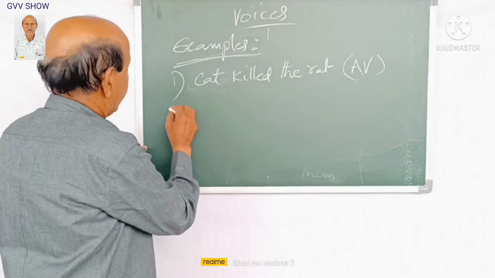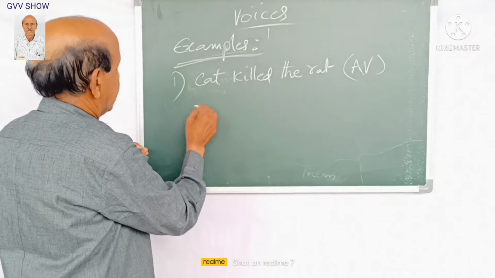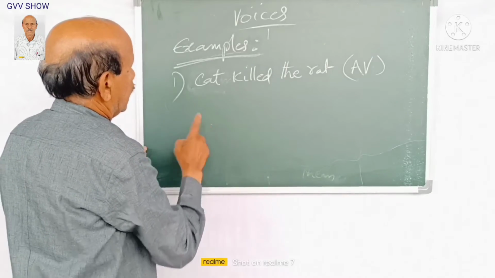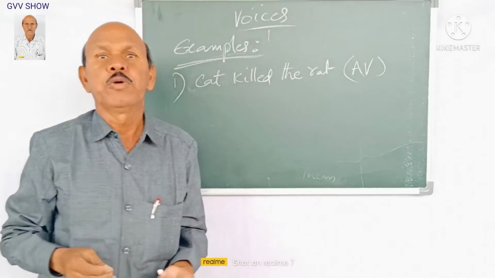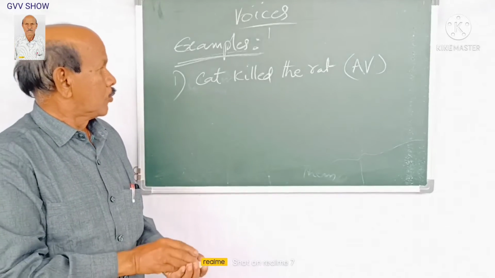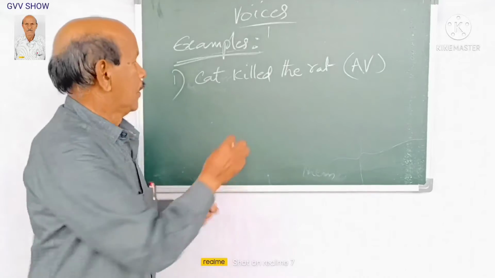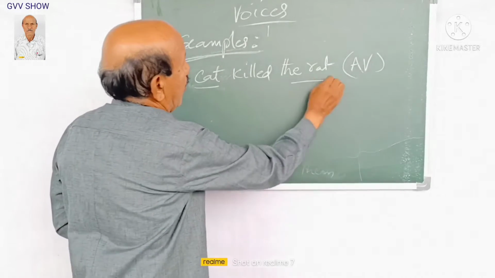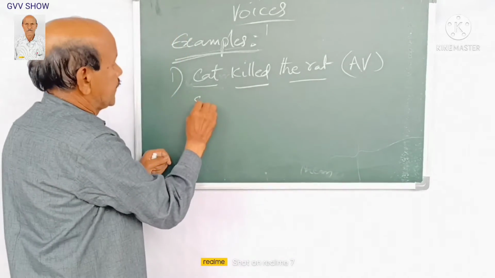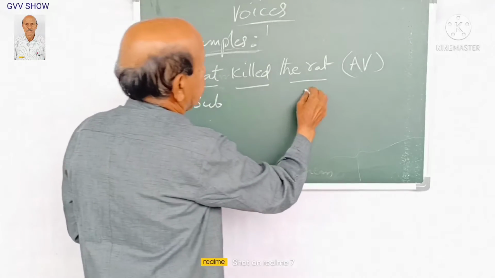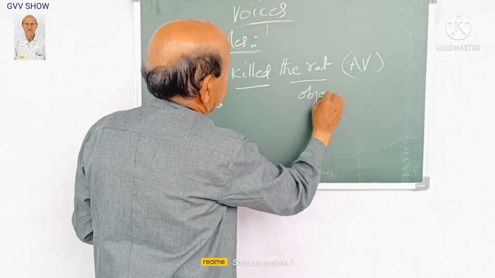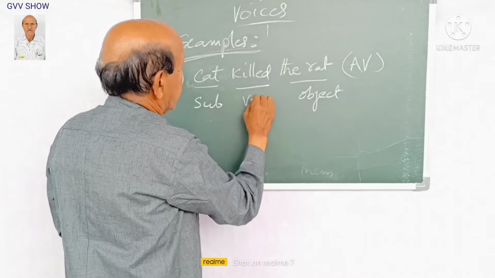When we write passive voice, one more thing I have to tell. One sentence mainly contains three parts: subject, object, verb. This is subject, this is object, and this is verb.